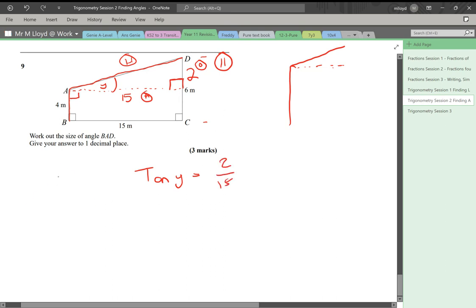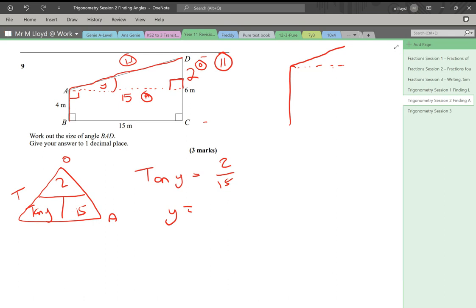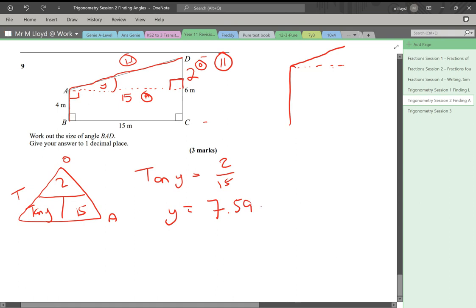And that's quite naughty of me. I should always put it into that formula triangle. TOA, O is 2, A is 15, and that's where the 2 over 15 comes from. Okay, I'm now going to put that into the calculator. So 2 over 15, shift, tan, answer, equals, gives me 7.5946.